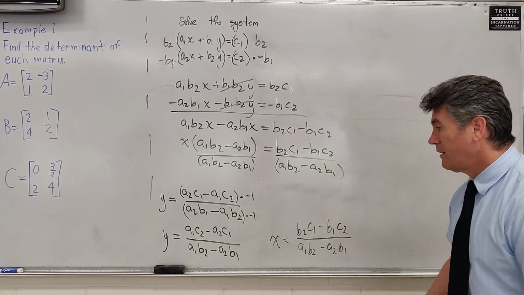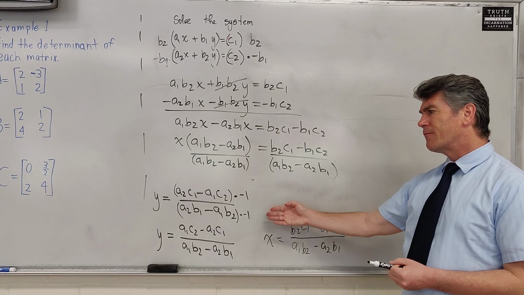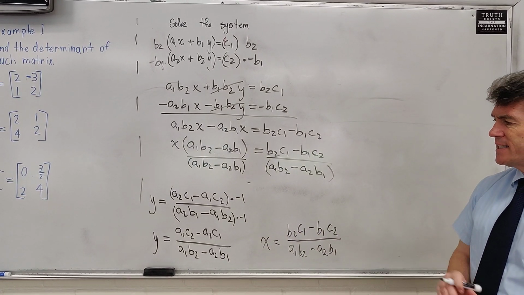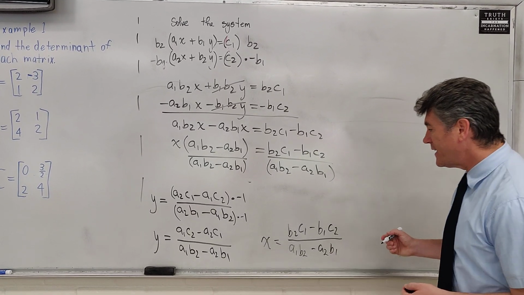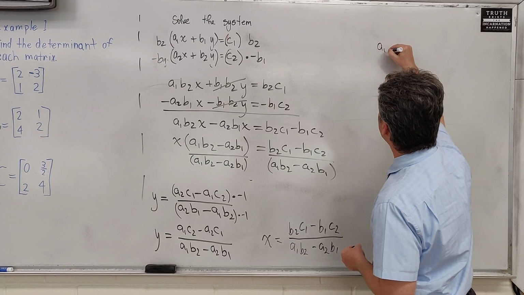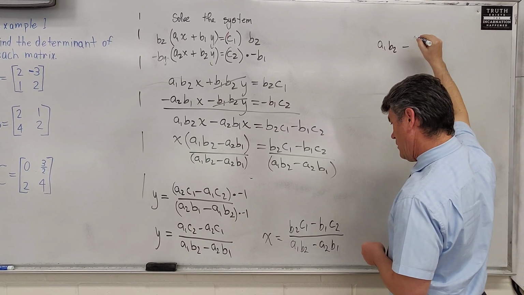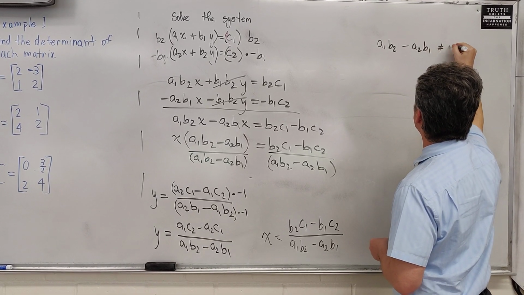Now, the reason I multiplied top and bottom of the y equation by negative 1 is so that if you look at the two denominators, they are exactly the same. The only way my system has a solution is if a sub 1 b sub 2 minus a sub 2 b sub 1 does not equal 0.